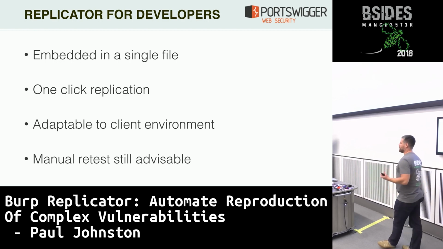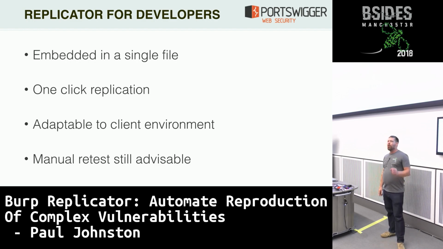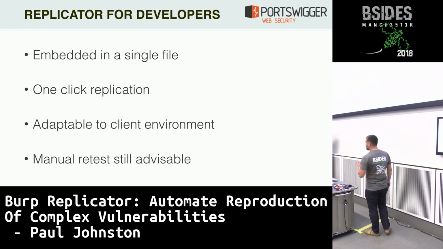Now, the key feature is that all the pen tester's findings are embedded in a single file. So this can be sent from the pen tester to the developer using whatever secure report delivery mechanism you have in place. And once the developer has this, they have got one-click replication.